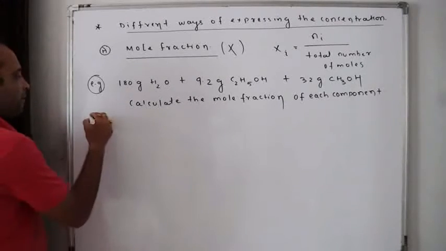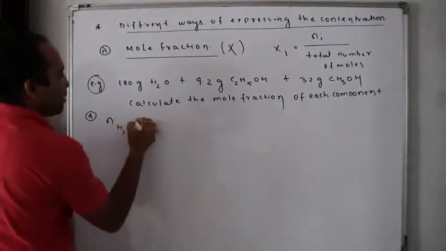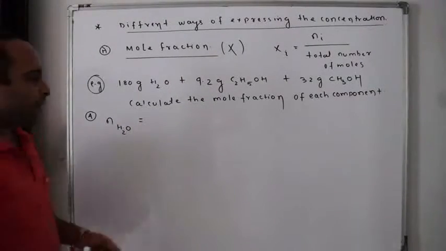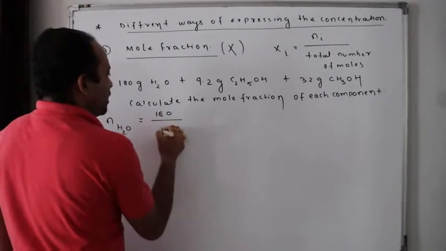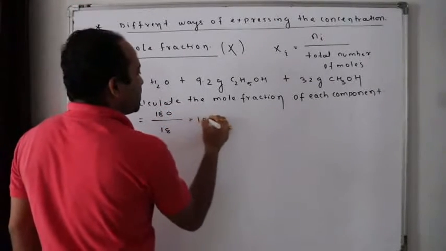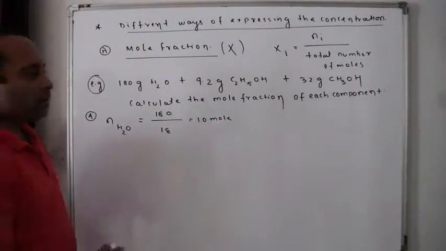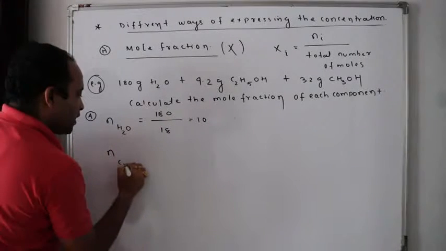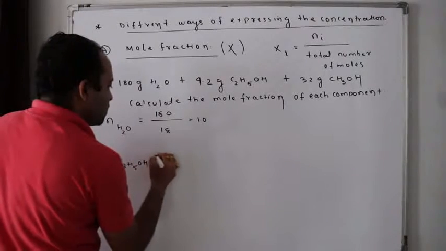So before calculating, I need to know the number of moles of water. Now tell me how to find the number of moles. Number of moles I can find simply as mass of the sample by molar mass 18. How much? 10 moles. Yes or no? Now, number of moles of ethanol, C2H5OH.